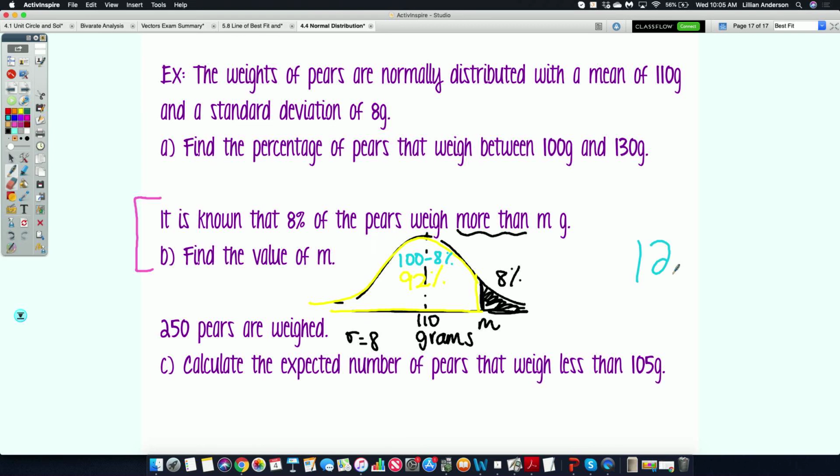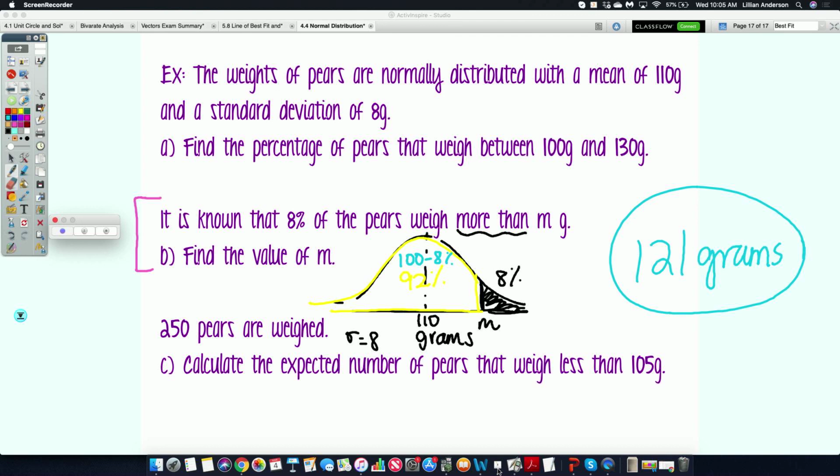So at 121 grams, 8% of my pears weigh more than that. But you guys, like I said, you just have to indicate is it to the left or to the right. We always have to do the area that's to the left. Questions on inverse norm, normal distribution, or sampling techniques?